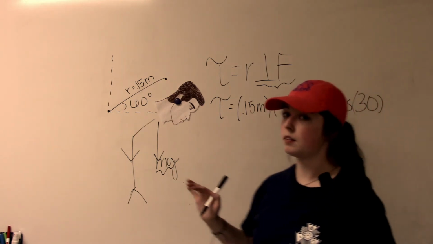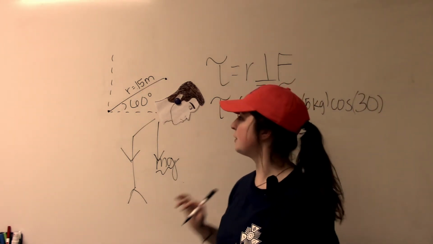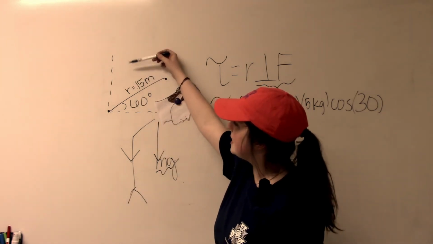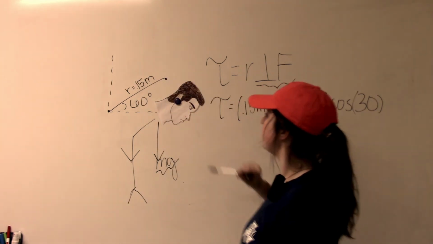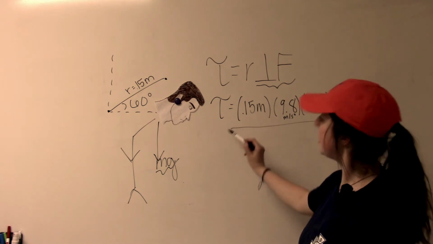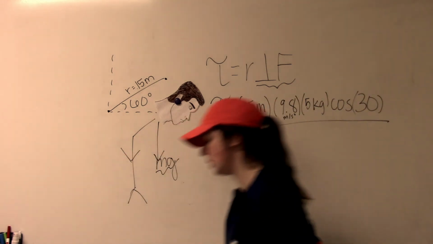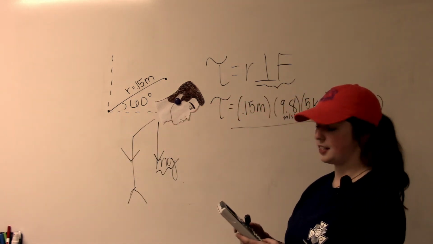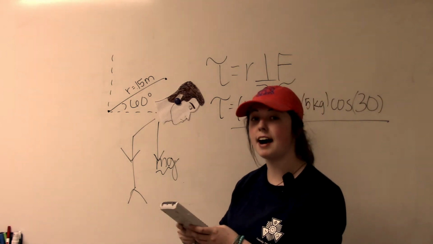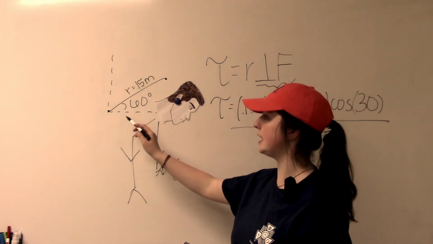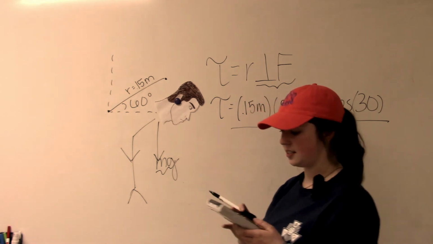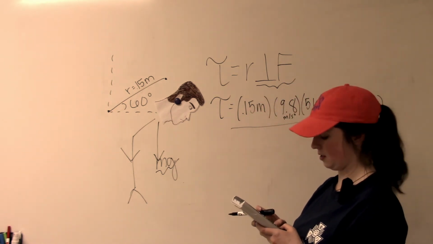Now you might be kind of confused on why we're doing the cosine of 30. Again, we're doing 90 minus 60. So if we calculate this out, we're going to expect a value higher than 3.675, because that's what we got when it was at 30 degrees. Now we're at a higher angle, so let's see if that affects it so much.